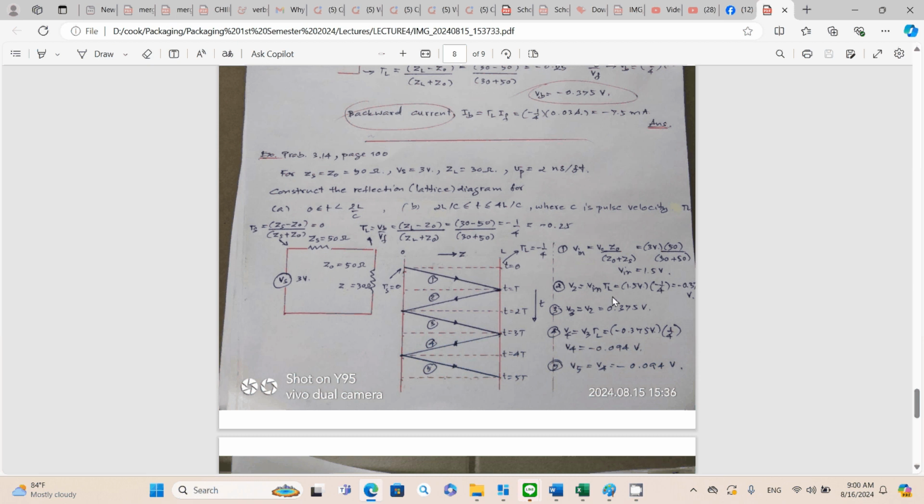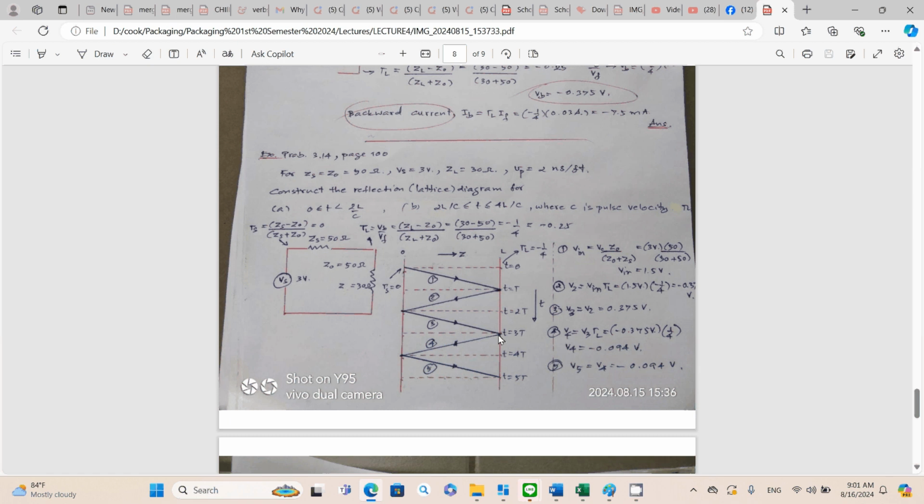So you simply multiply Vin, that's 1.5, by the reflection coefficient tau L at the load end, that's negative 1/4. And for V3, you also have a signal reflected back from the load to the source, and also reflected back from the source to the load. But since you have no reflection at the source end, your V3 is still equal to V2.